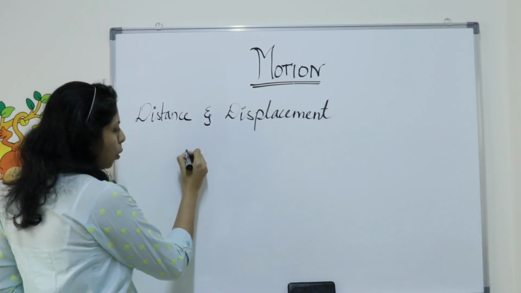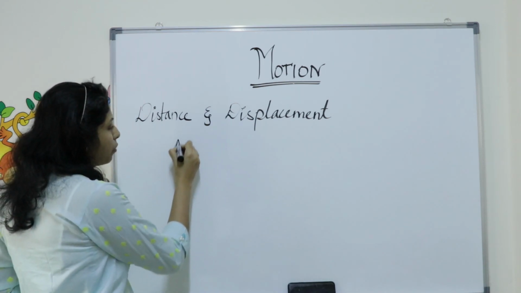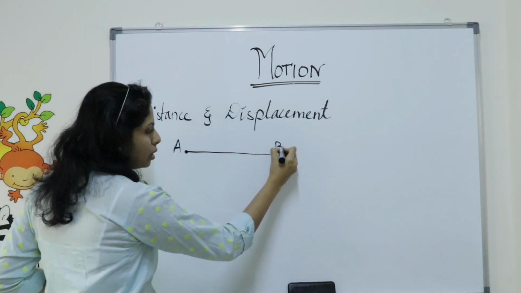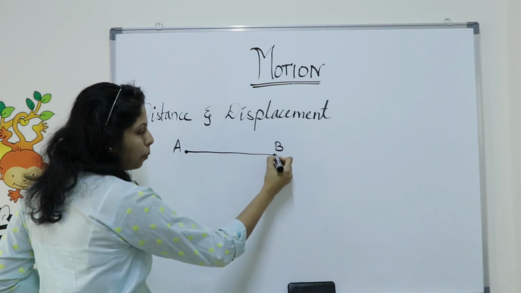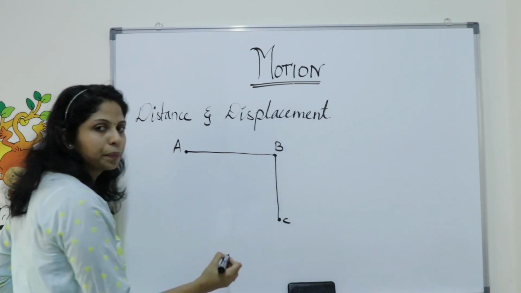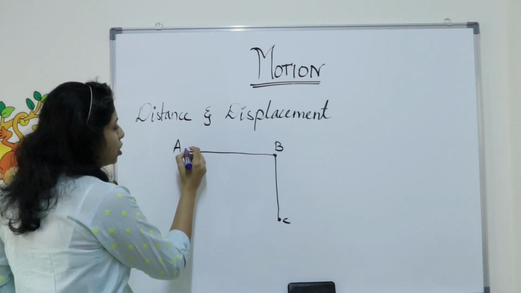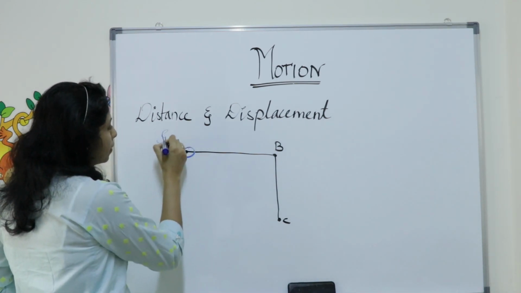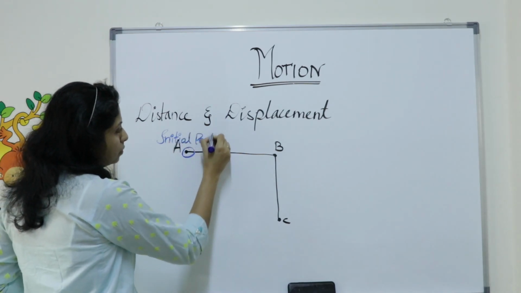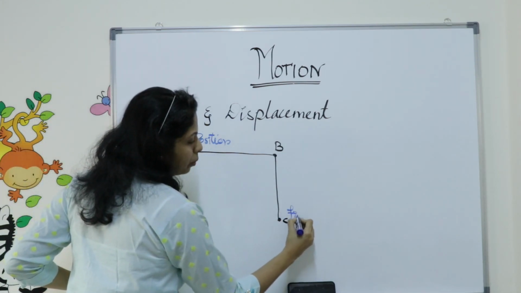Let us take an object. Consider an object which moves from a point A to a point B, and again from point B it travels to point C. Okay, so point A is its initial position, and point C is its final position.